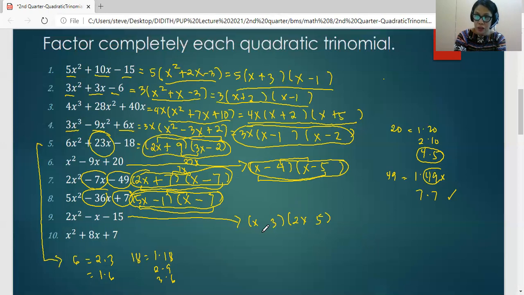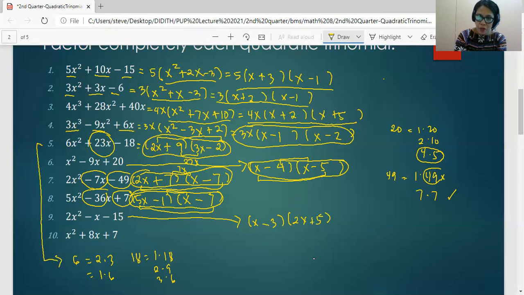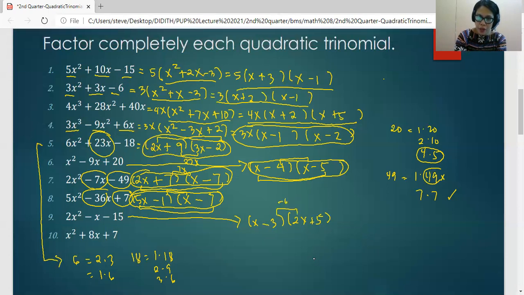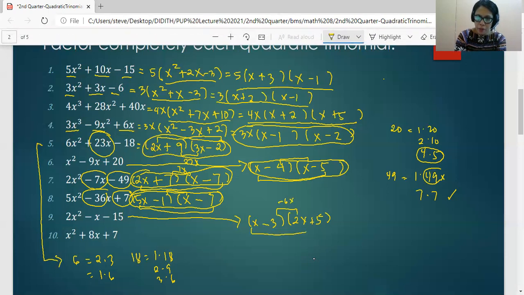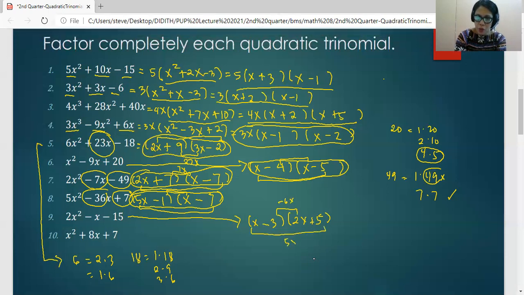But we want negative x. So we have to make this negative and this positive. So this would become negative 6x, and this would become positive 5x. So when we combine the two, it's negative x. So the factors are x minus 3 and 2x plus 5 for number 9.